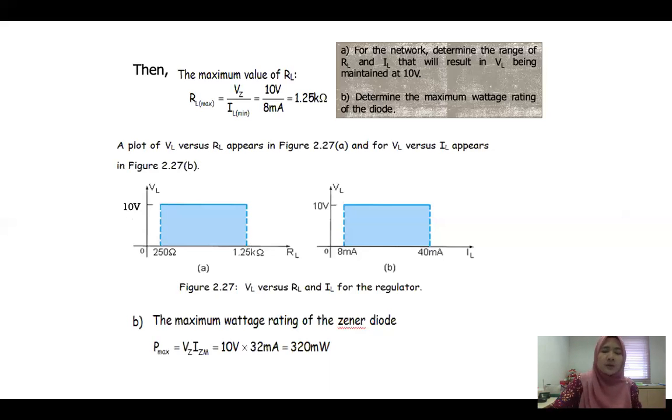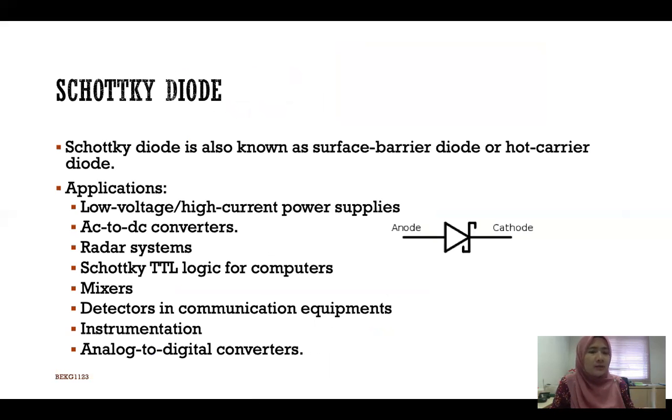Next, other than the Zener diode, we also have the Schottky diode and also the photodiode. This one you can read by yourself, you don't need to focus on it.